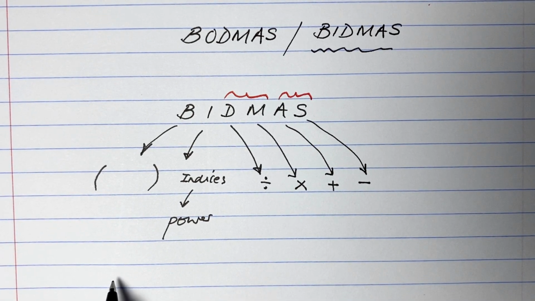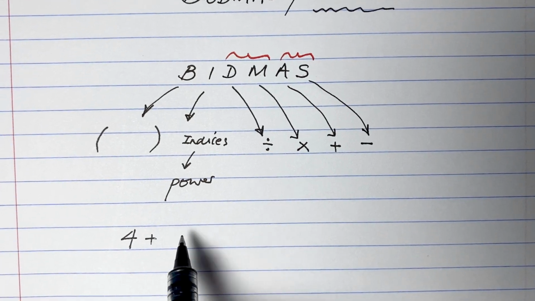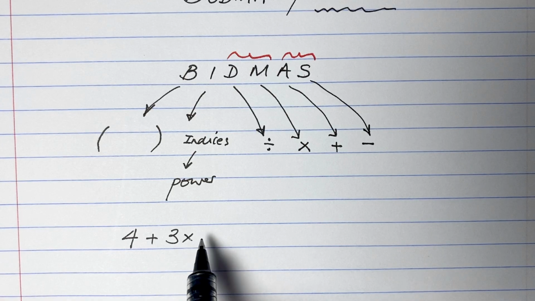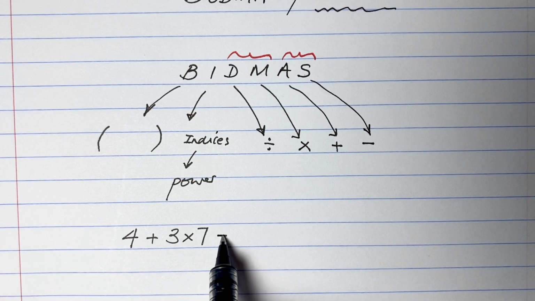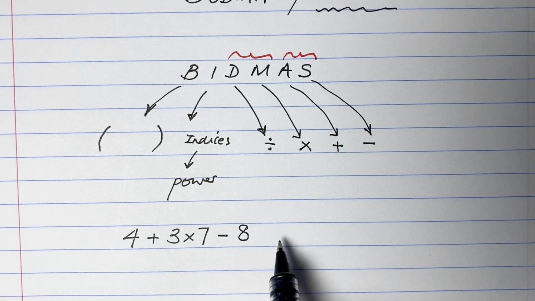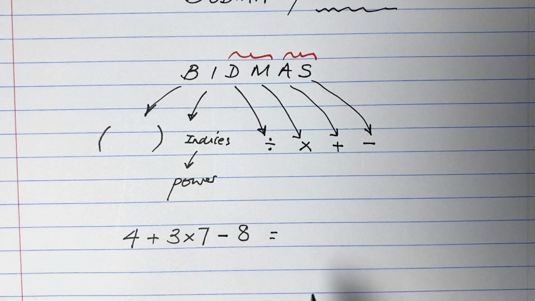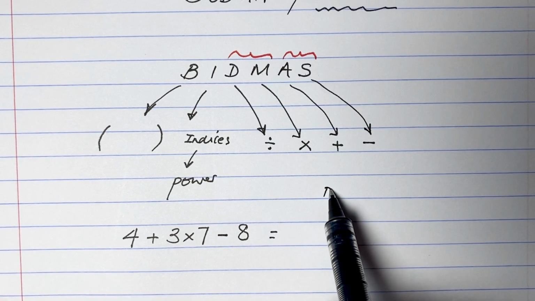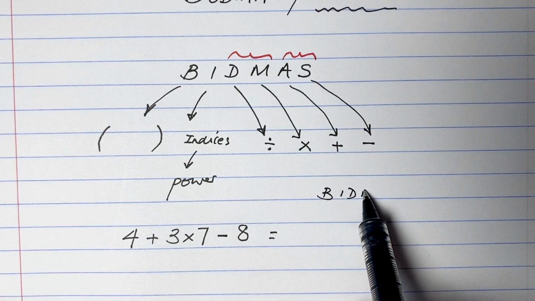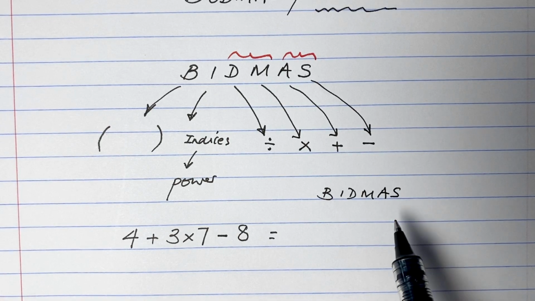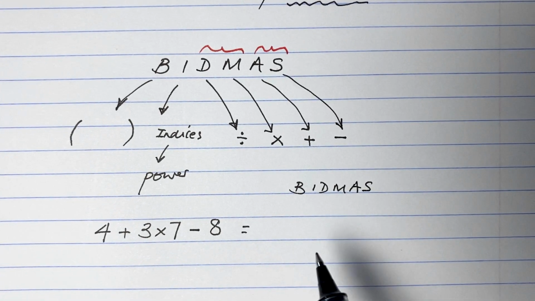Just for the sake of argument, I want to do this operation: 4 plus 3 times 7 minus 8. So I write BIDMAS here next to me, and I delete as I've finished.